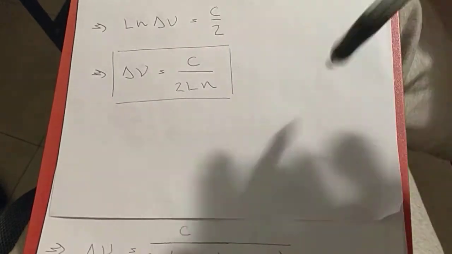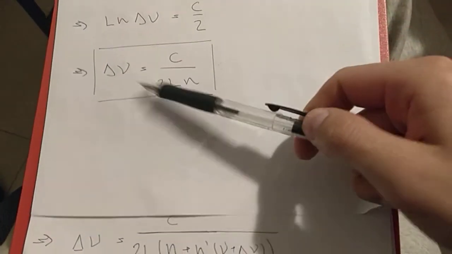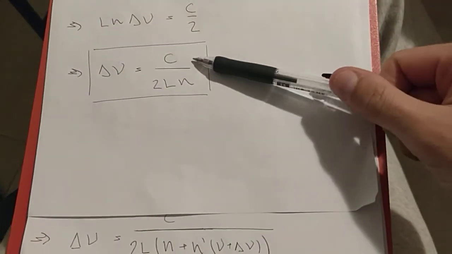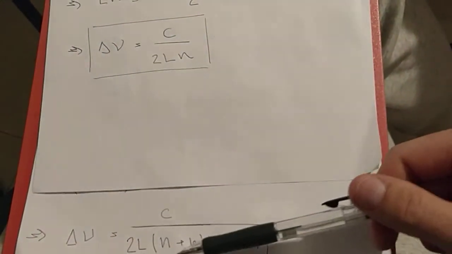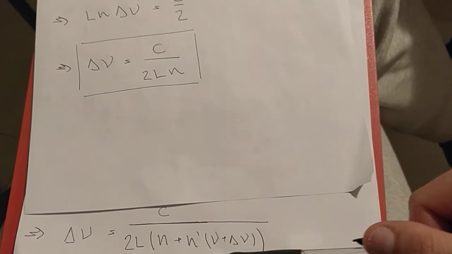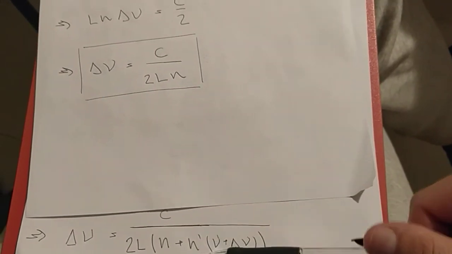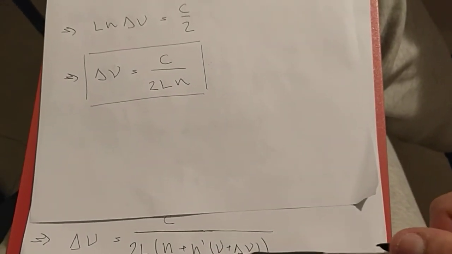Before, in the non-dispersion case, we got delta ni equal to c over 2ln. Now, this n has an additional term, which is n prime times ni plus delta ni.